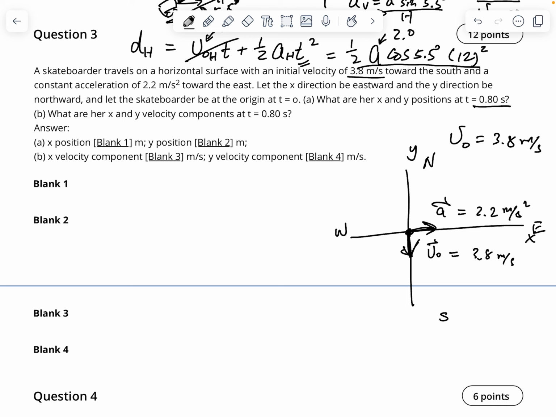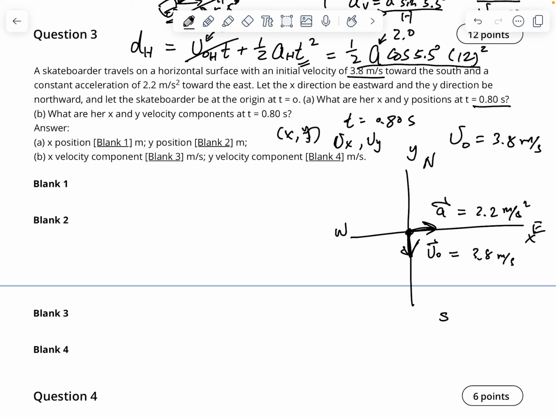Okay, so now time equals 0.80 seconds. What are her x and y velocity at 0.8 seconds? Okay, so basically it asks you your position, x and y, right? And it asks you vx, vy.